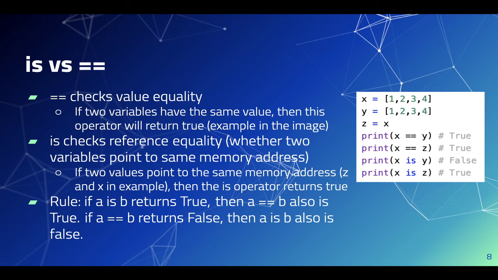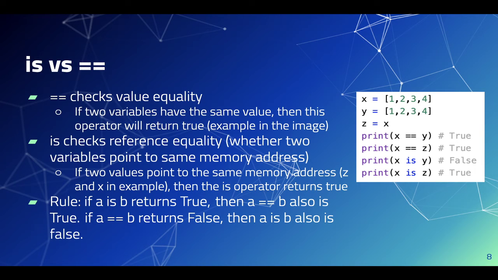So if I were to say x is equal to the list 1, 2, 3, 4, as we look at in the example, and y is equal to 1, 2, 3, 4, and z is equal to x. If I print x equal to y, the list containing 1, 2, 3, 4 is exactly the same as another list containing 1, 2, 3, 4, right? So the value is the same. And same with z, because z is just the same object as x, so obviously it will contain the same value as well.